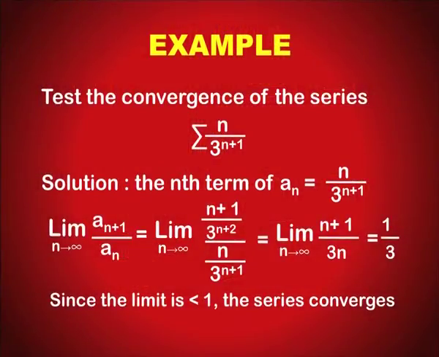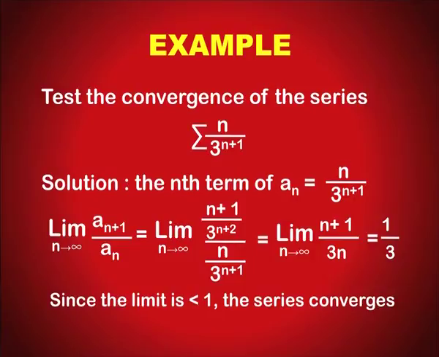Example for this test is the test of convergence of the series sigma n upon 3 to the power n plus 1. The solution: the nth term of this series is a_n is equal to n upon 3 to the power n plus 1.